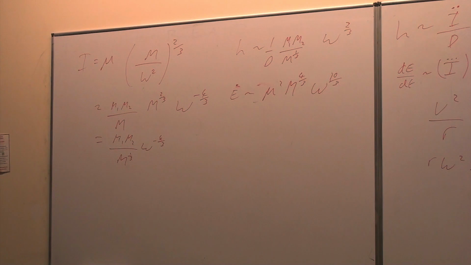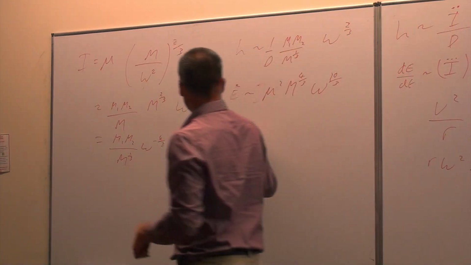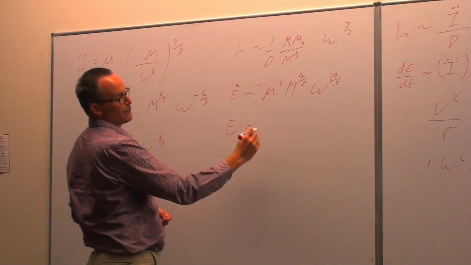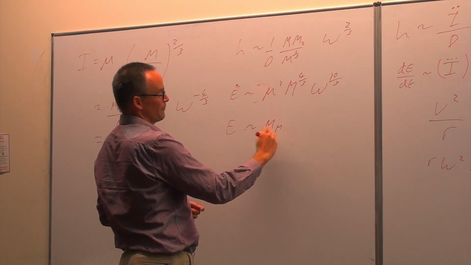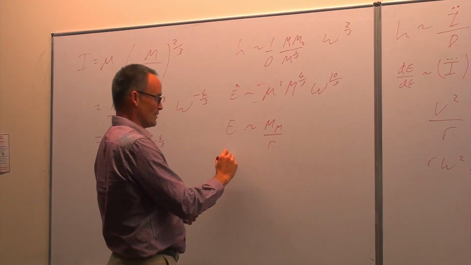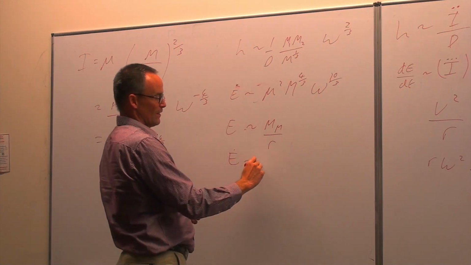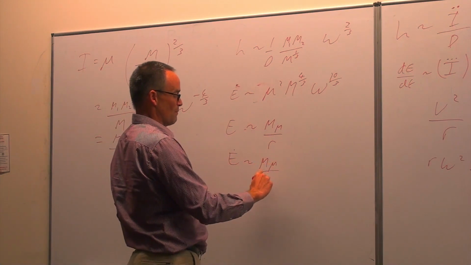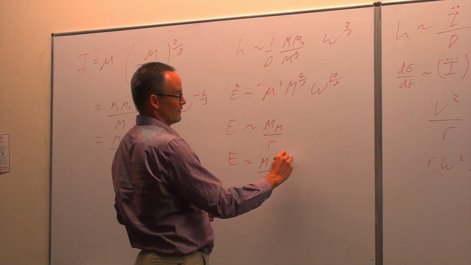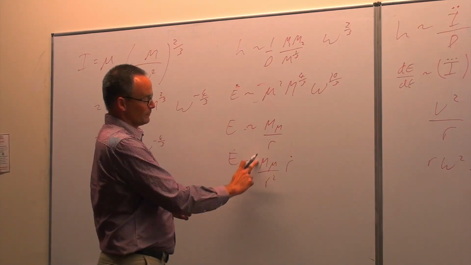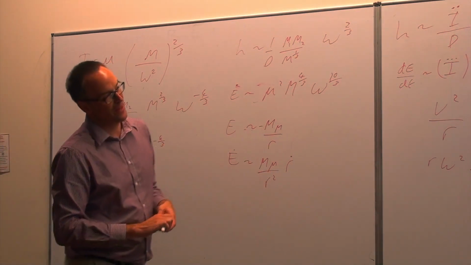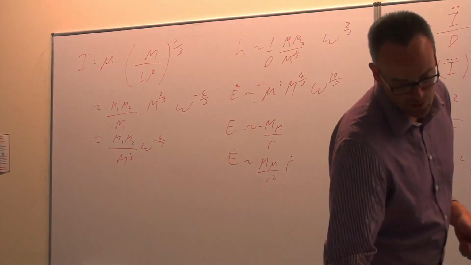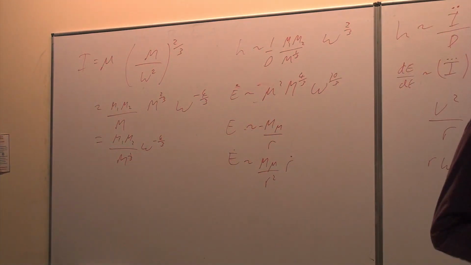Okay. Now, E goes like 1 over r. So E scales like m mu over r. So E dot goes like m mu over r squared r dot. And we also know that r cubed scales like omega to the -2.